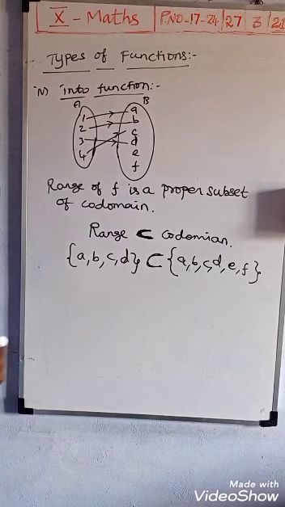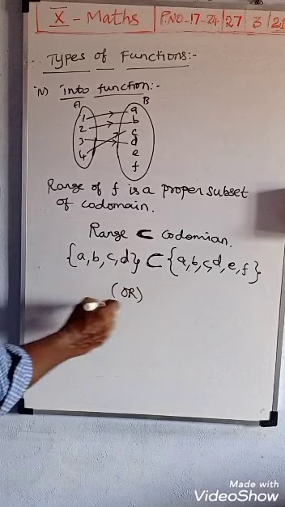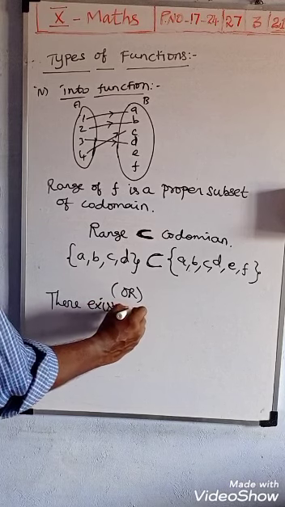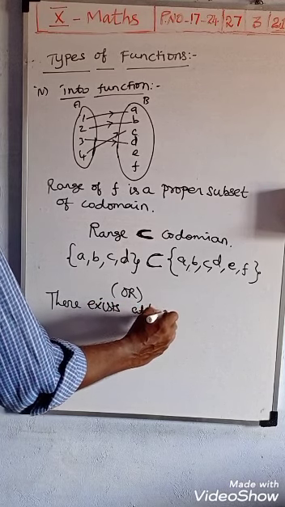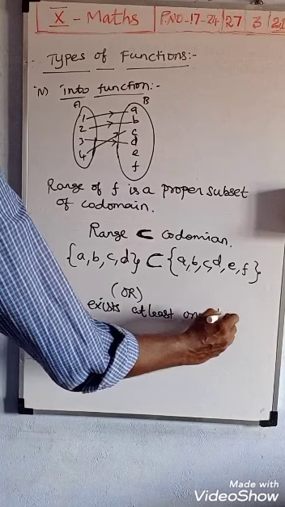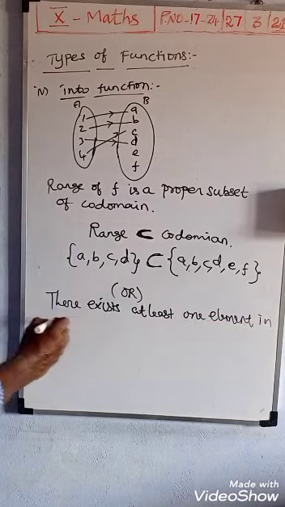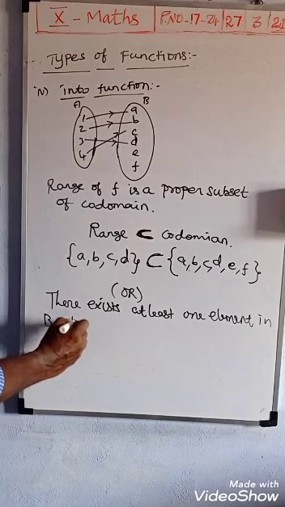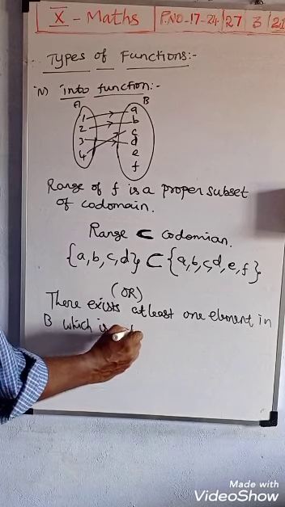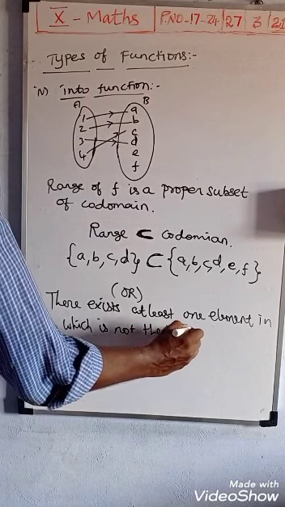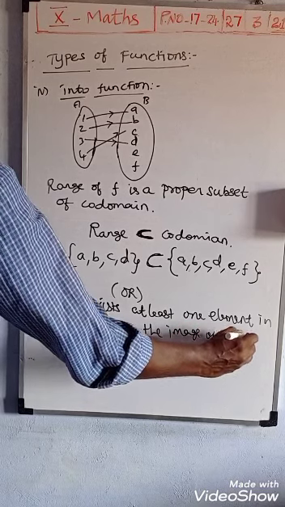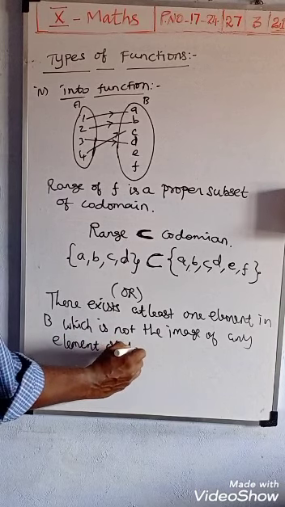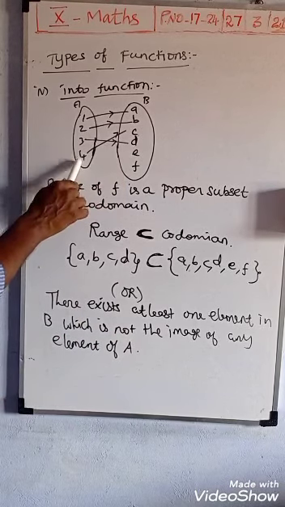Or else one more definition. What does that mean? There exists at least one element in B. So from the codomain elements, there is at least one element in B which is not the image of any element of A. So for that element there is no pre-image.